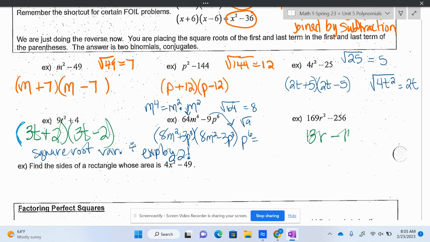Wait, you said which one? You're doing the 2 that we didn't do. The 2 that we didn't do.